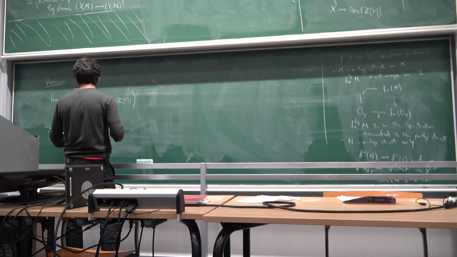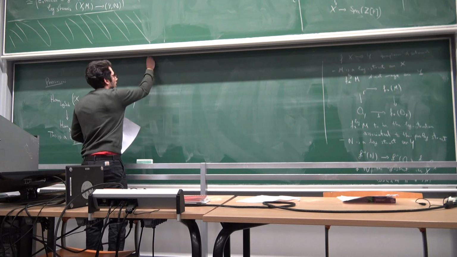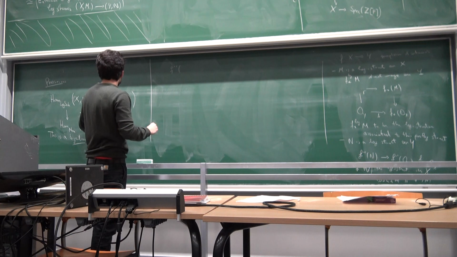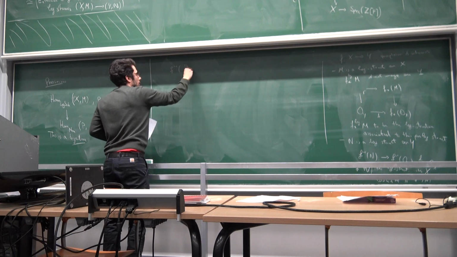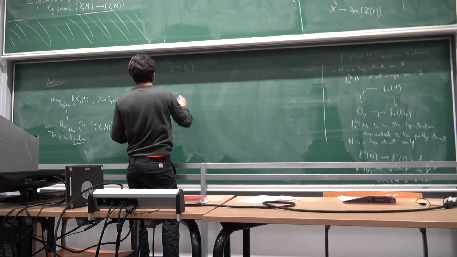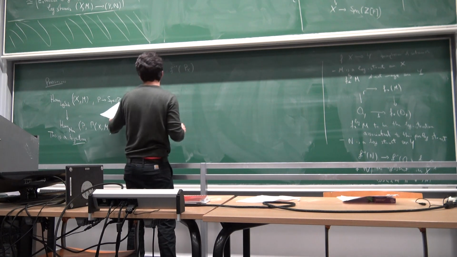So by definition, to have a morphism of log schemes means that in particular we have a map from the pre-image of this, and this, recall, was just the constant sheaf on ZP, which was inducing the log structure here.